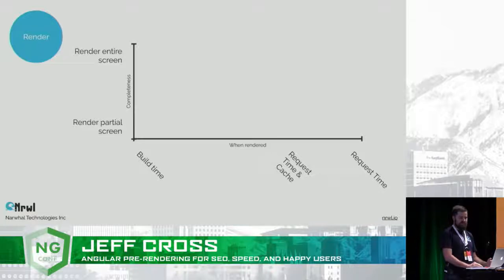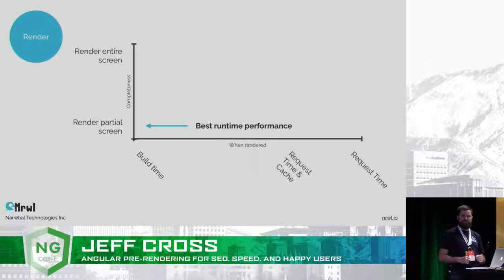And on the completeness spectrum, you've got rendering a partial screen and then rendering an entire screen. So if you look at the left end of the spectrum, doing things at build time, you'll have the best runtime performance if you pre-render your entire application as part of a build step, because then you're not having to do any work other than serving from a cache at runtime when requests are received.